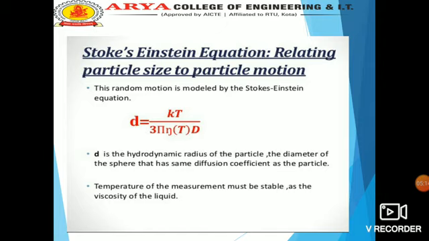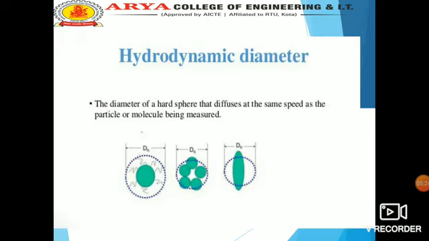The temperature of the measurement must be stable, as must the viscosity of the liquid. The hydrodynamic diameter is the diameter of a hard sphere that diffuses at the same speed as the particle or molecule being measured.